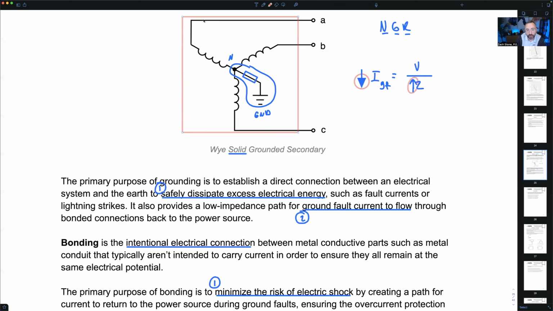Whether I'm in an electrical room, whether it's pad mounted, whether it's a pole mounted transformer, I'm going to have the enclosure also bonded with an equipment grounding conductor to make sure that if I have somehow a fault, right? If maybe this phase comes in contact with my enclosure, I want that ground fault to come all the way back.